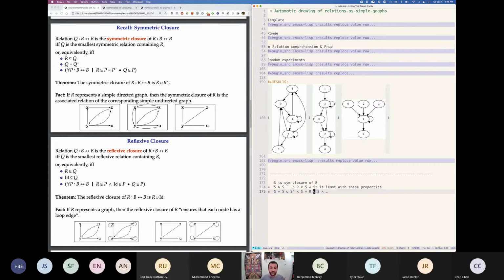So it looks like we have a definition for S. By some formal shenanigans that I'll omit just to make this easy, we find that S is actually going to be just R union R converse.